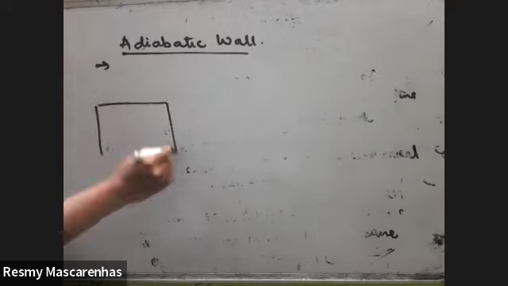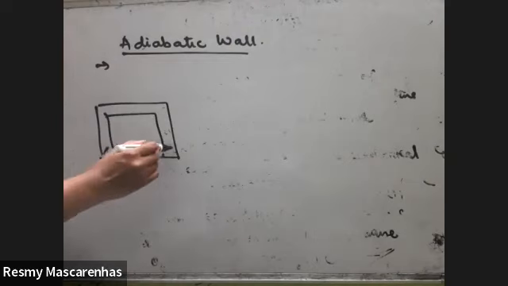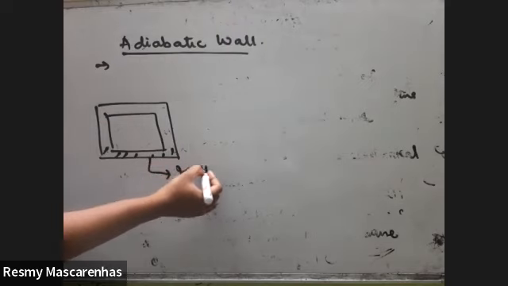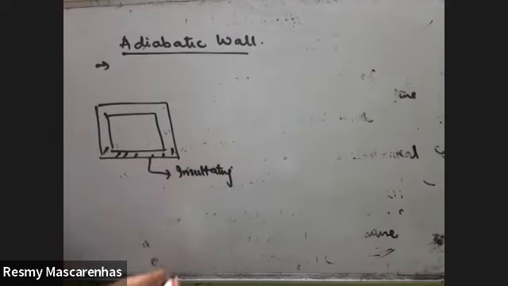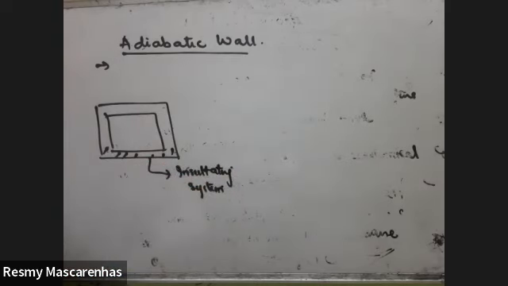Adiabatic means, suppose if I have a box, okay, and I want to put some adiabatic wall, it means it is some insulating system. Don't draw this, I'll give you later on. Insulating system.